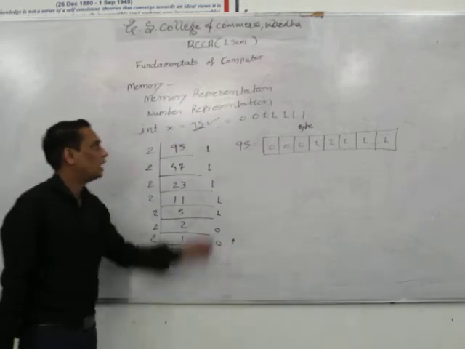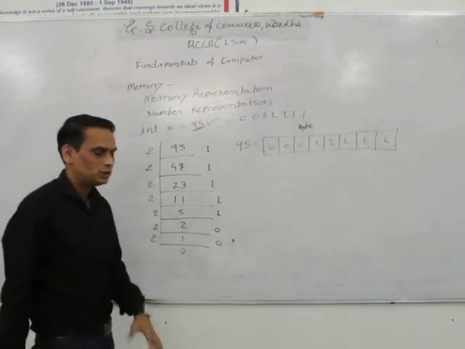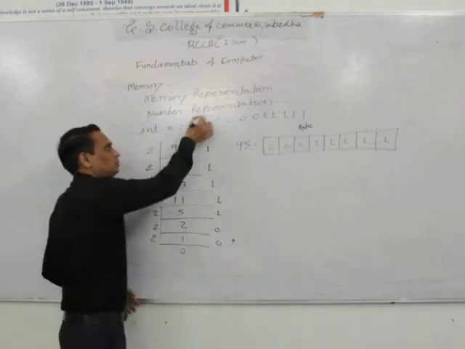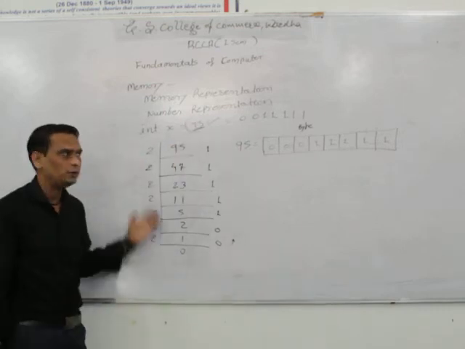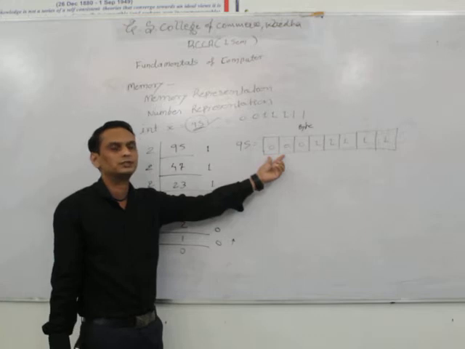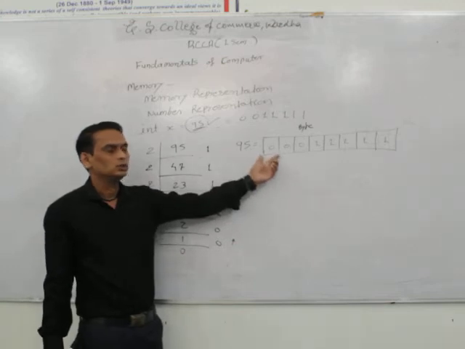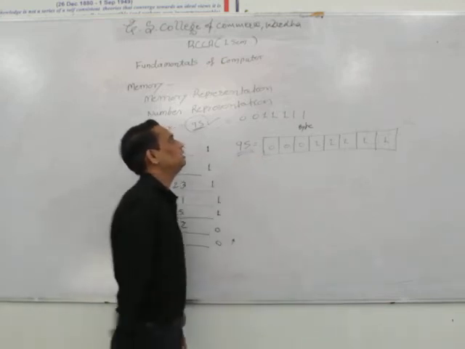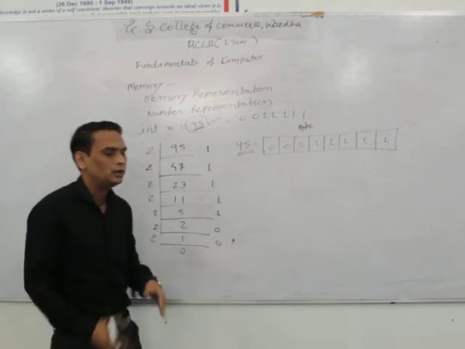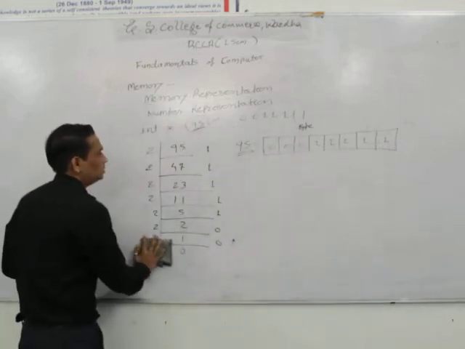So this way the number 95, or any type of number which is stored in a computer system, is not stored in the format of a decimal number; it should be converted into binary, and that binary digit can be represented like this. So 95 can be represented in a memory likewise. Okay, so this way a number can be represented or stored in a computer system.